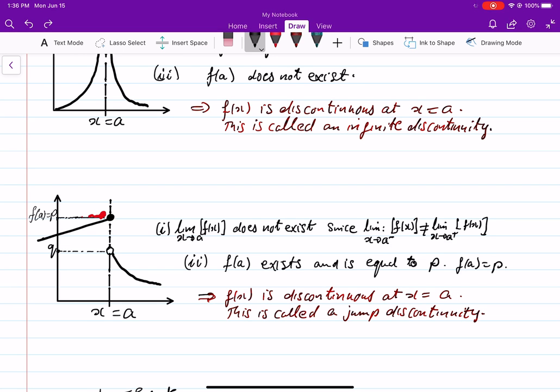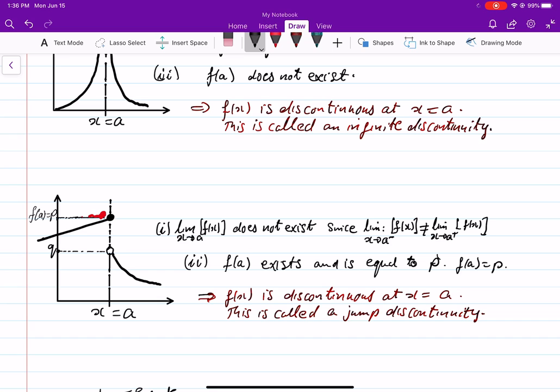So therefore, the function takes on a value of q, that higher value, when x is equal to a. So f of a exists and is equal to, did I say q? I meant p. f of a exists and is equal to p. f of x is discontinuous at x equal to a, and this is called a jump discontinuity.